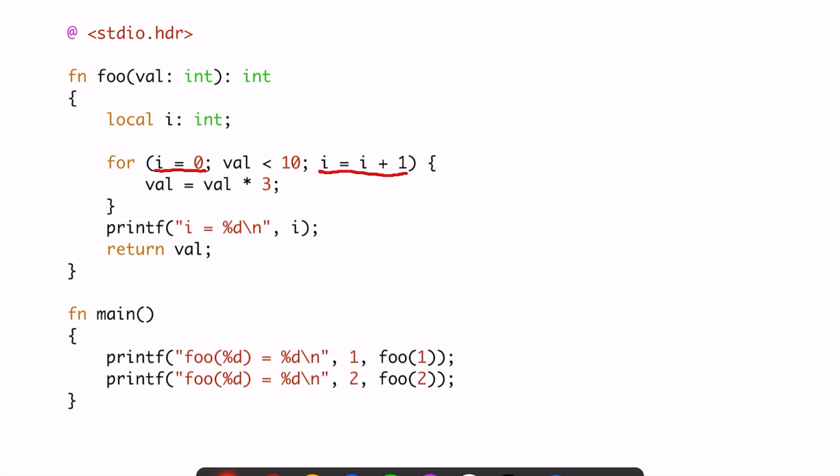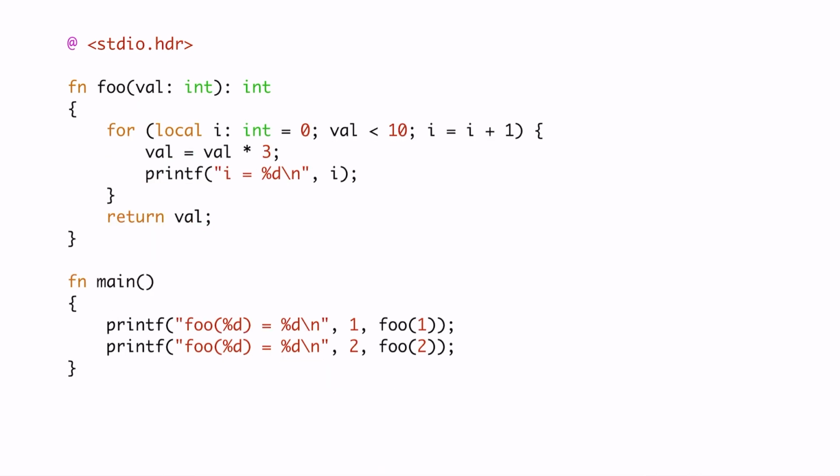Now, here we still have the problem that i is for some time uninitialized, and if you squeeze in some code between here and here, you have this problem that you saw before. So what you can do is actually define in the for loop the variable i. You see the local keyword is now here.